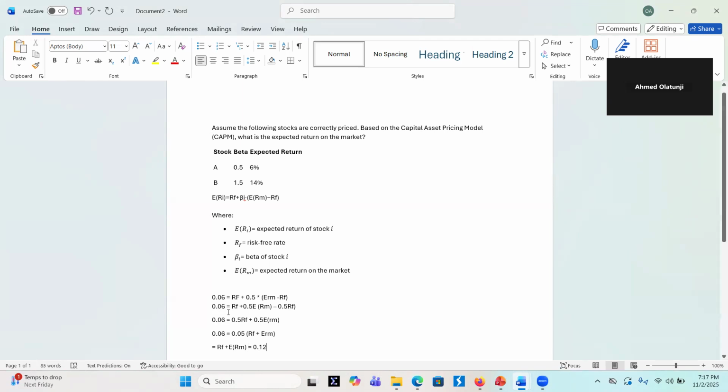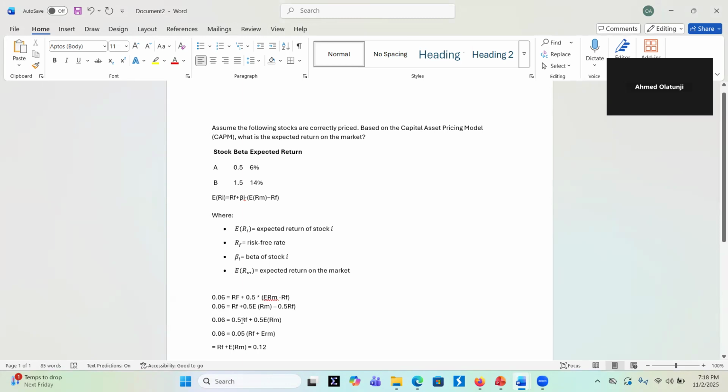So it's just simple simplification. Very, very simple simplification. You use 0.5 to multiply this and this. Let me put RM over your capital letter R so it doesn't confuse. So this translates to this. Then we have 0.5 RF plus 0.5 ERM. So we have 0.06 equal to 0.5.